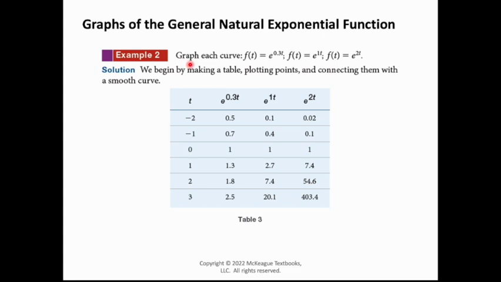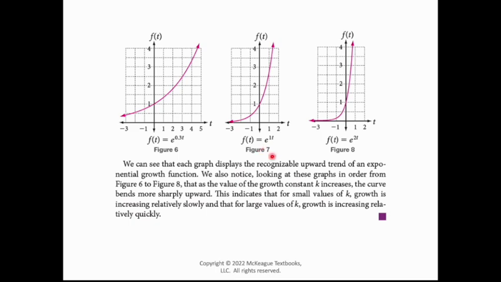Example 2, we have graphed the curve e to the 0.3t and e to the 1t and e to the 3t. So we'll be using t is equal to -2 to 3, and these will all be our corresponding values for the dependent variable. When we compare these three graphs, we see our bases are the same, so the only thing that changes from function to function is the exponent.